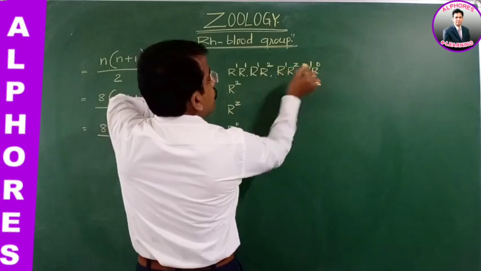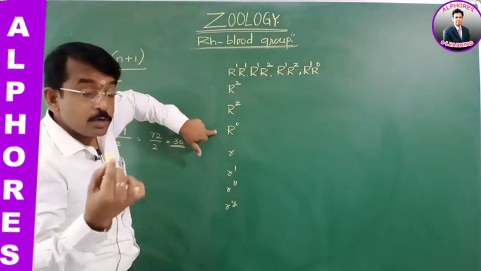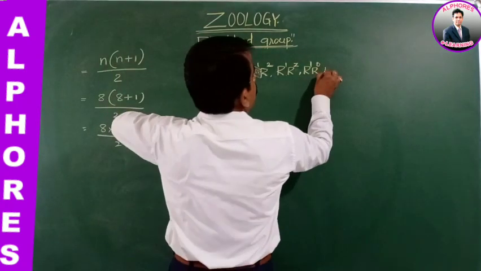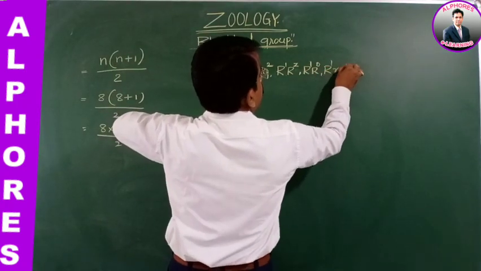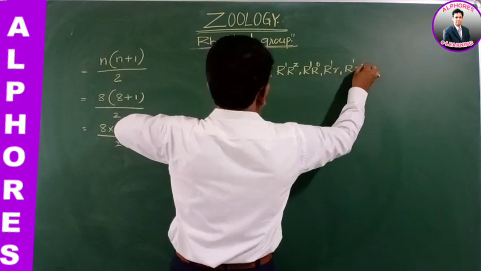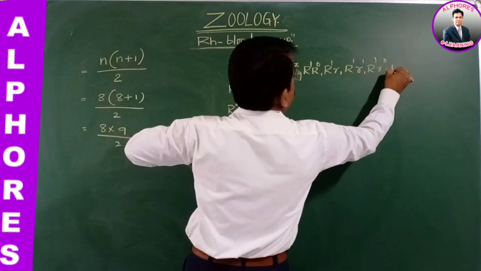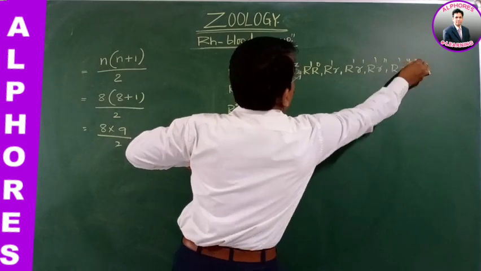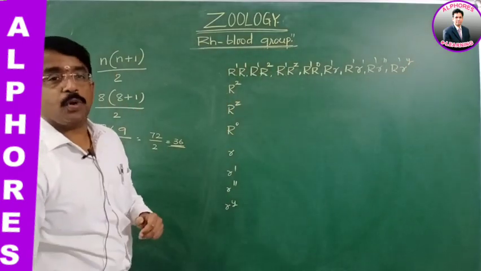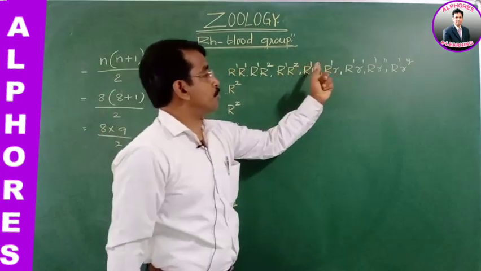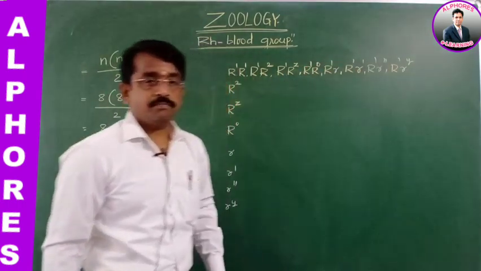1, 2, 3, 4. Next, heterozygous possibility is there. Capital R1 small r, capital R1 small r1, capital R1 small r2, capital R1 small ry is what we see. So the number will be 1, 2, 3, 4, 5, 6, 7, 8.